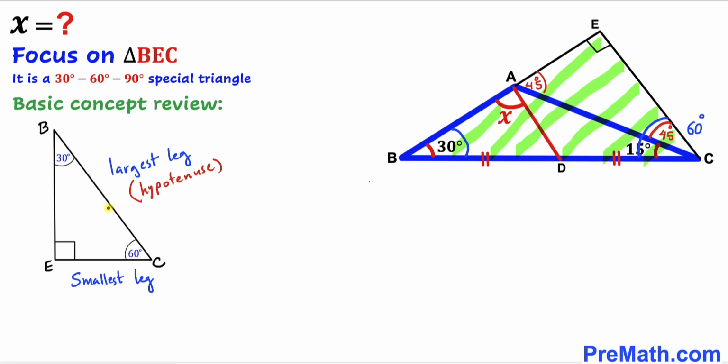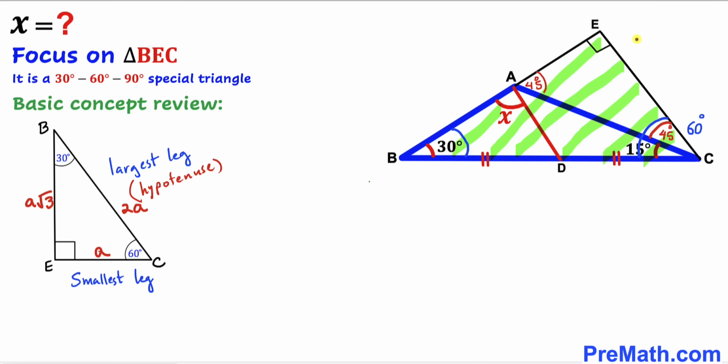In such a special 30, 60, 90 triangle, the hypotenuse is twice the smallest leg. In other words, if this leg is 1, then the hypotenuse is going to be 2, and the third leg is going to be square root of 3. In general, if the smallest leg is lowercase a, then the hypotenuse is 2a, and the third leg is a times square root of 3.